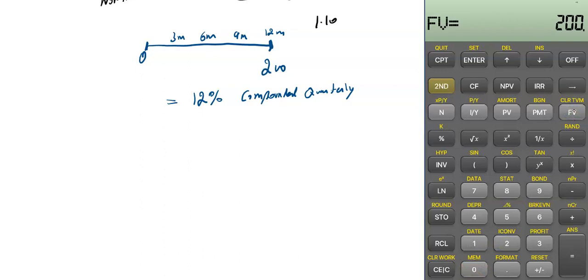If this is compounded quarterly, 12 months is the 4th quarter, so N is 4. 12% is the annual rate, compounded quarterly, so it will be 12 divided by 4, which is 3%. PMT 0, compute the PV, that will be equal to 177.70.